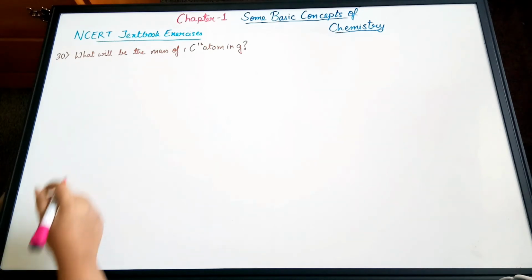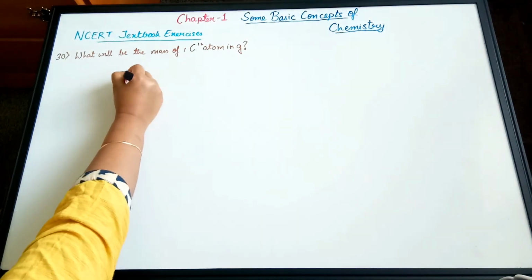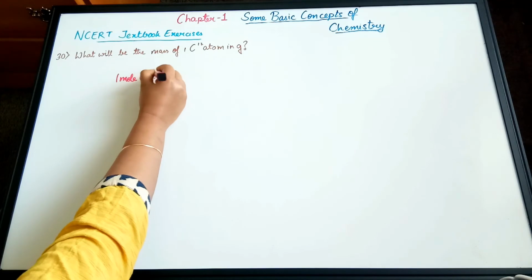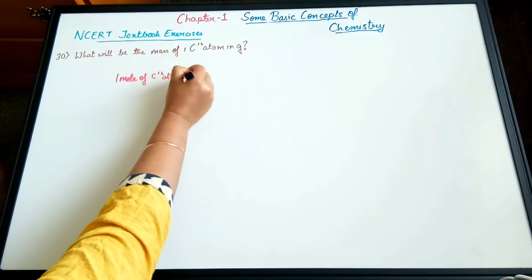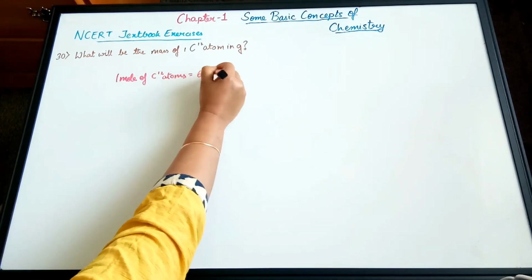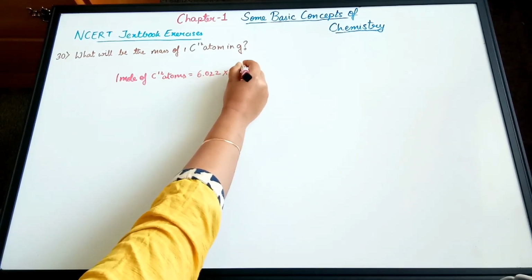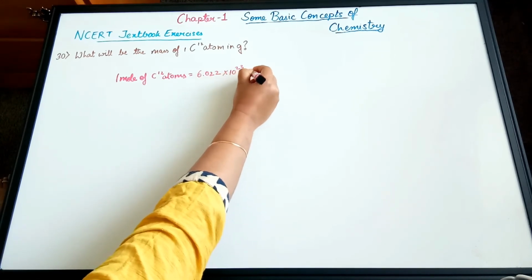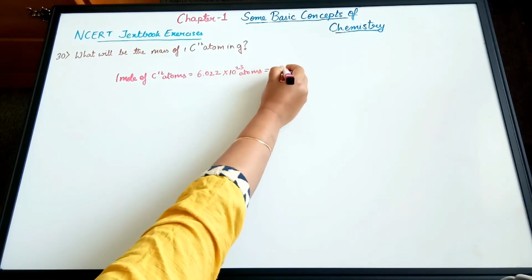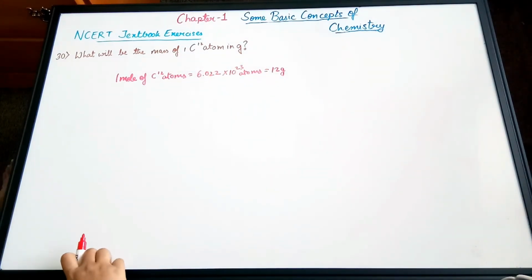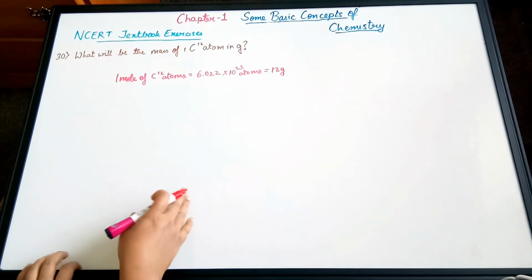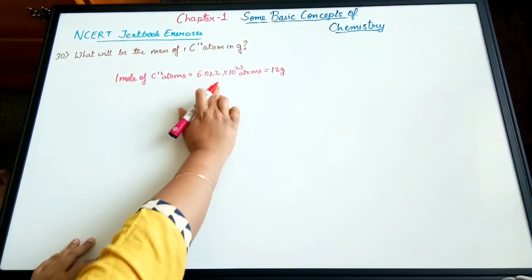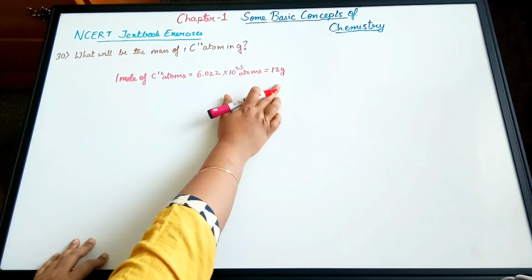So 1 mole of C12 will have 6.022 into 10 to the power 23 atoms, and this is equal to 12 grams, because 6.022 into 10 to the power 23 atoms of that particular element is equal to its gram atomic mass. So 6.022 into 10 to the power 23 atoms of C12 has 12 grams.